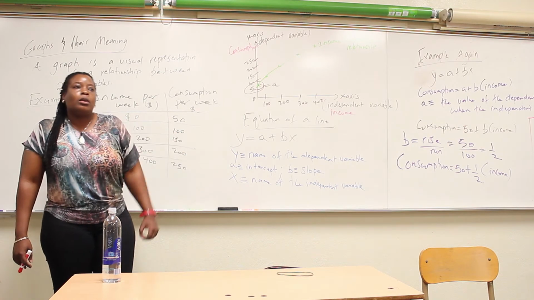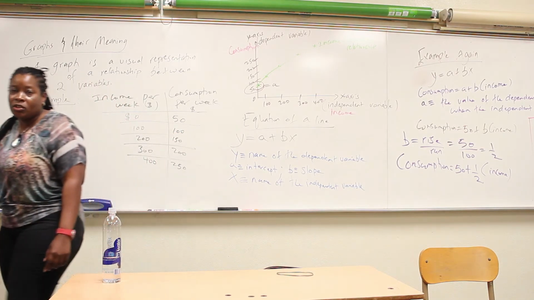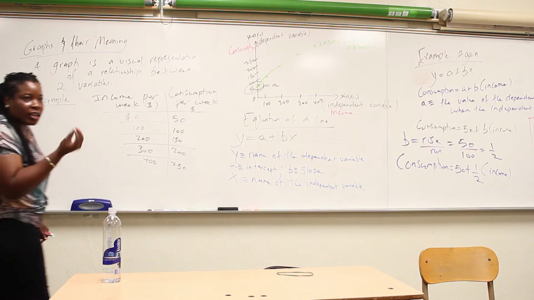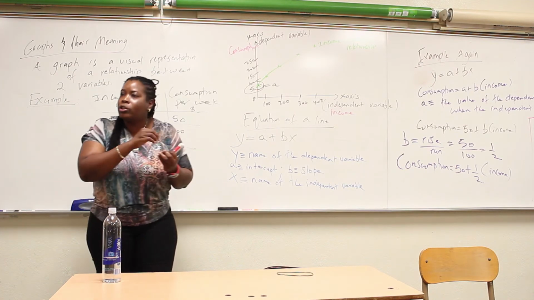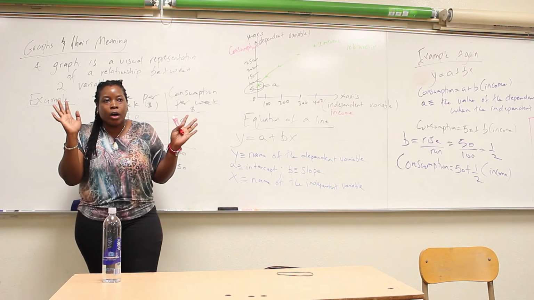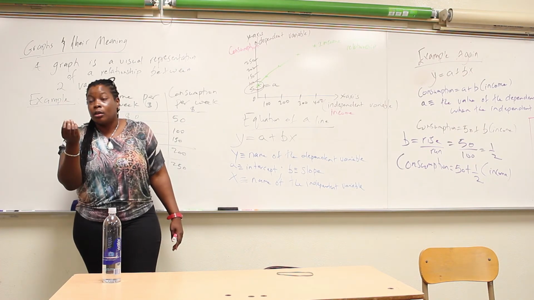Now, if the relationship was negative, remember, that's when the graph slopes downward, you're still interested in rise over run. The only thing you would do differently is when you put it in the equation, you need to put a negative sign on it. Positive relationship, same rise over run, but you put a plus sign.